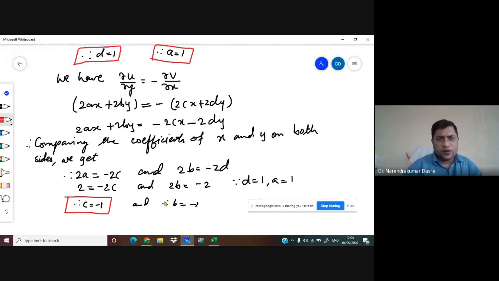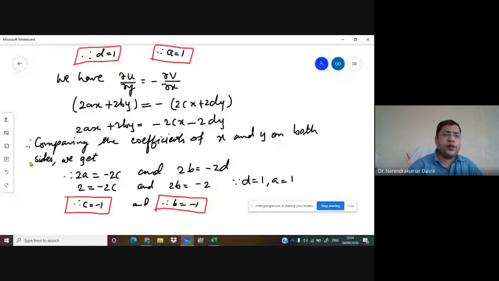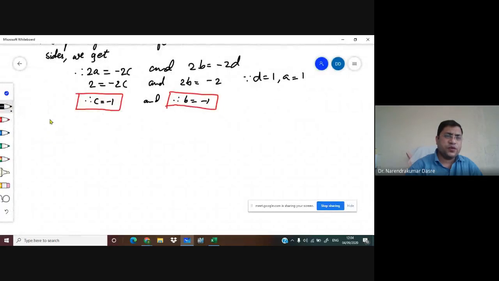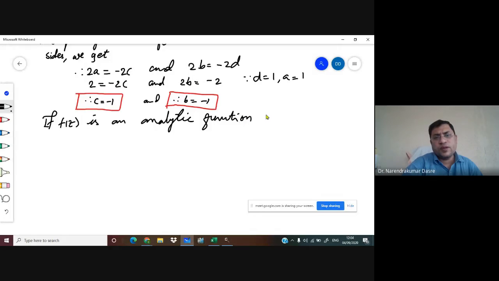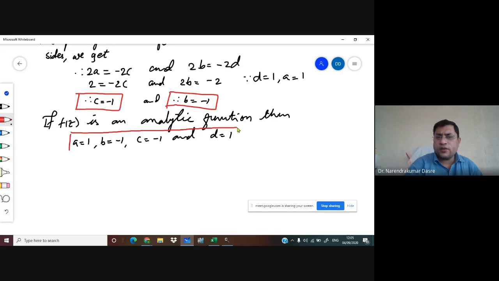So this way we are able to get the values of the constants a, b, c, and d when we know that the function f of z is analytic: a is equal to 1, b is equal to minus 1, c is equal to minus 1, and d is equal to 1.